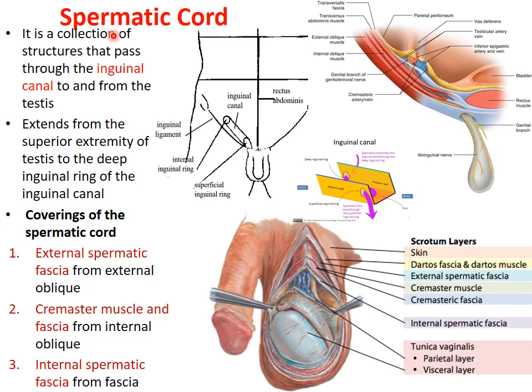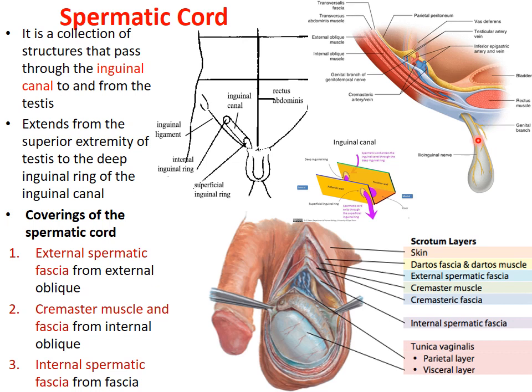Now again come to the spermatic cord. The spermatic cord from the scrotum, from the testis, just like here. Now these are the three layers that cover the testis, the three layers that form the cord. This is the spermatic cord. Now this cord is going and penetrating the abdominal wall, right? And then enters into the abdominal cavity to ultimately drain into the urethra, the prostatic urethra.